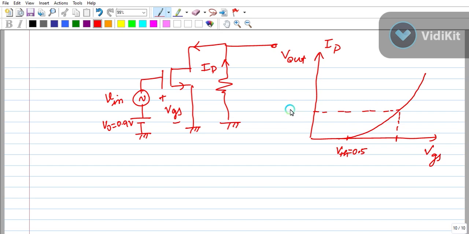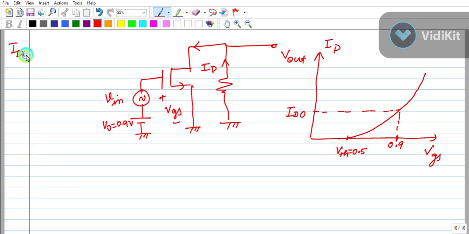This is equal to ID0. 0.9 volt is the biasing. So this is the case when the Vin is equal to 0, right? The VGS will be equal to 0.9 volt. Okay, so let's take this case and calculate the ID0.